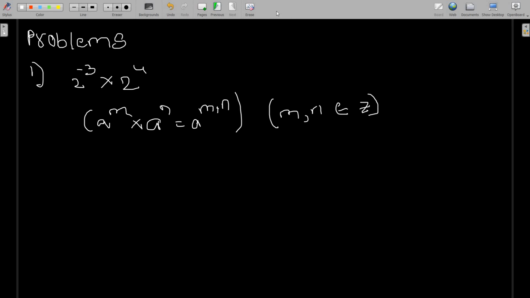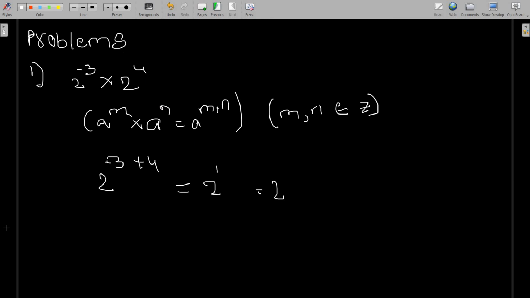Integers are positive and negative numbers combined. So here minus 3 is negative, 4 is positive. Bases are the same, no? 2 is the base. Minus 3 plus 4, how much is the answer? 2 power 1, and the answer is 2. It is not 11, it is 1. 4 minus 3, how much? 1 is the answer, no? Like that.